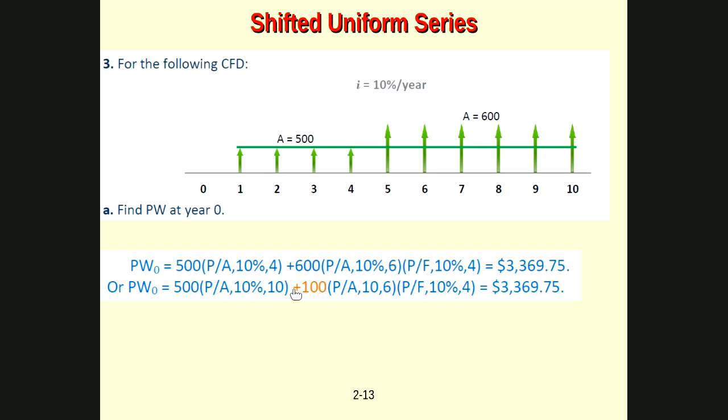Then, instead of the 600, he used the 100 that remained from year 5 to 10, and he converted it the same way as we converted the 600 in the previous step. Clear? Questions before we move on?